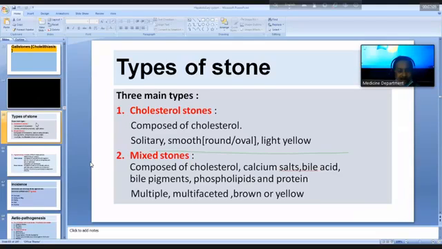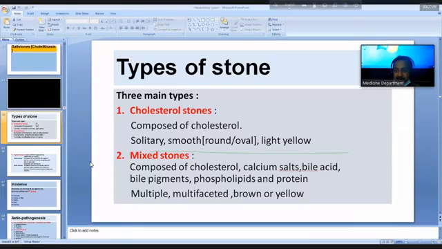So types of stone, one of the very common types is cholesterol stone. And this cholesterol stone is composed of cholesterol, and it is usually solitary in number, having a smooth surface, round to oval in shape, and light yellow in color.